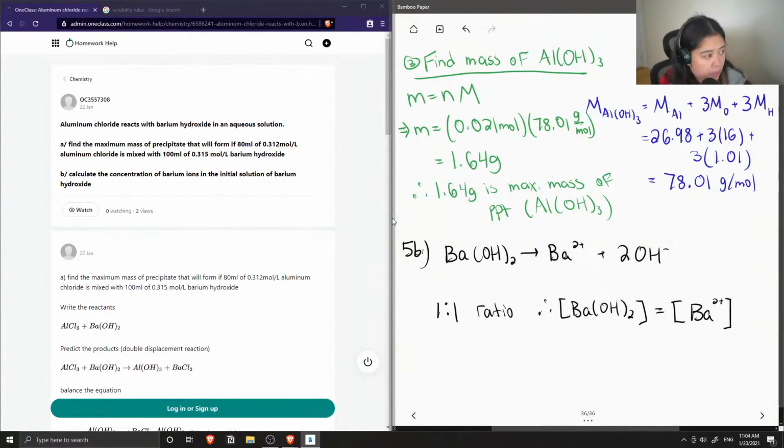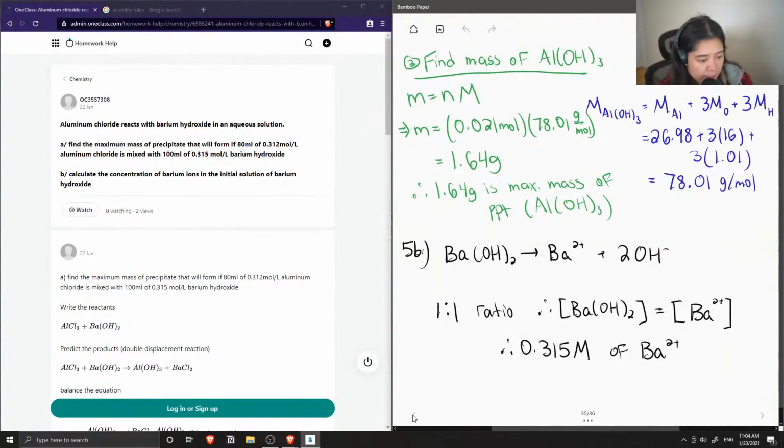So in the initial solution of barium hydroxide, that means we have 0.315 moles per liter of our barium ions. That's just going to be the same value.